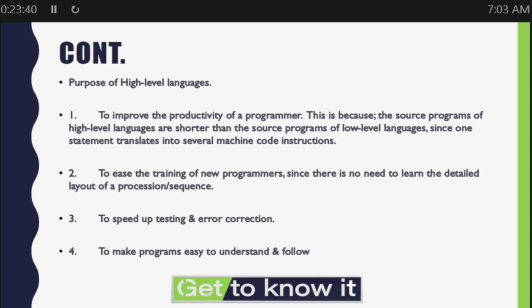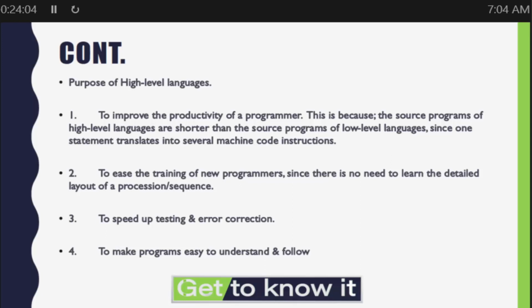To speed up testing and error correction. We understood that in low-level languages it was a bit hard to test and correct errors. So one purpose of the high-level language was to make testing and correction of errors easy.